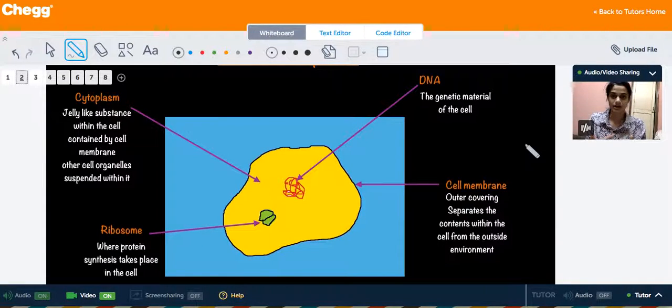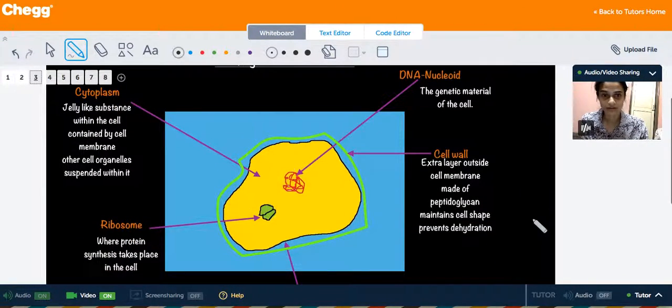It is everything that extends from the nucleus to the cell membrane, and the other cell organelles are suspended within it. It's made up of what's called cytosol, which is the fluid that makes up cytoplasm.